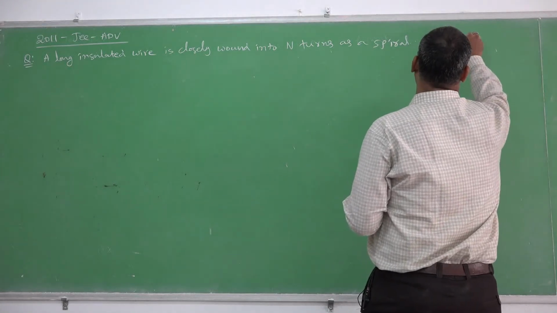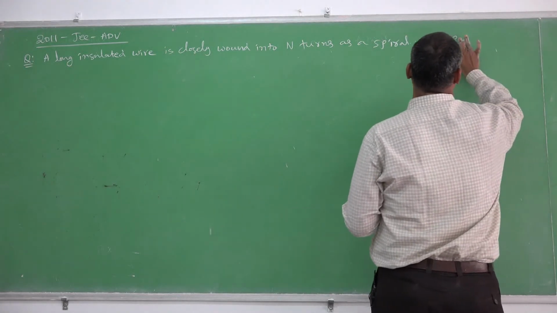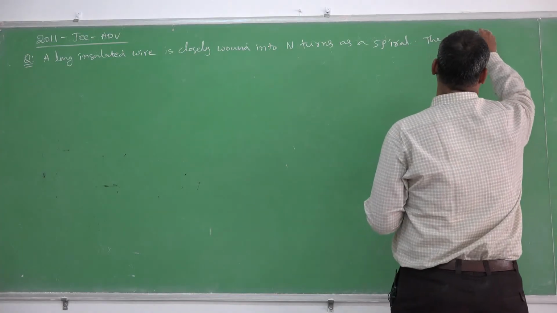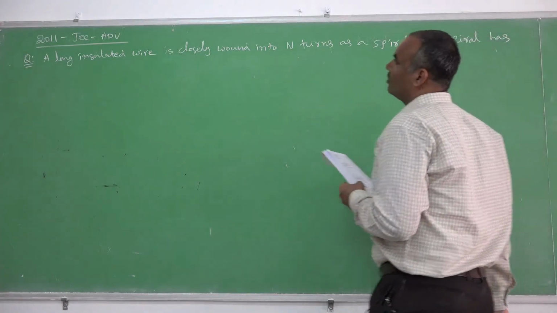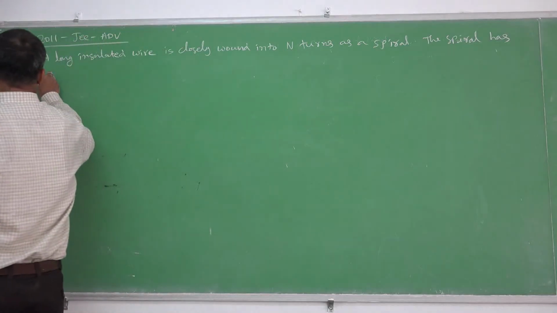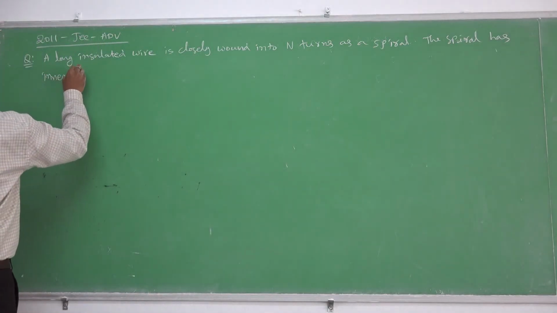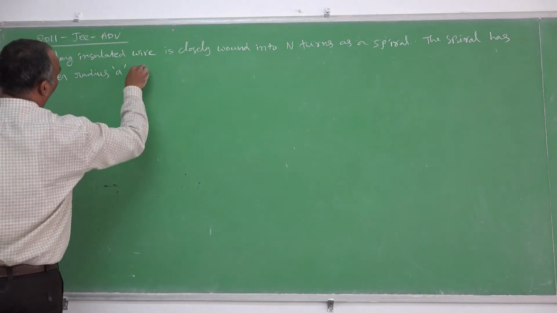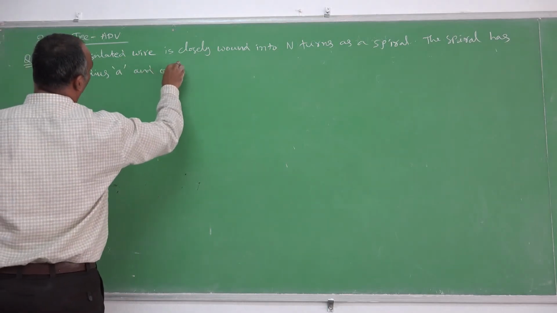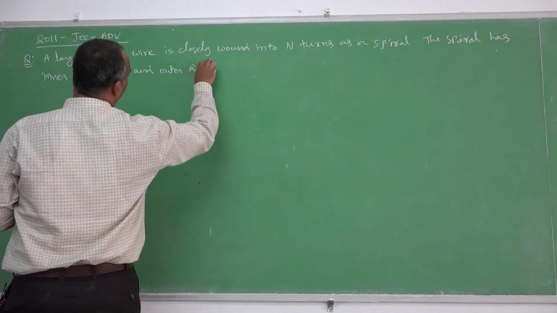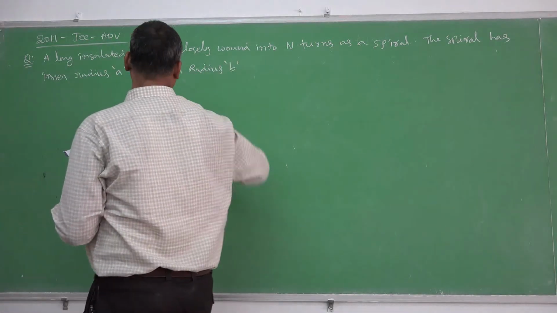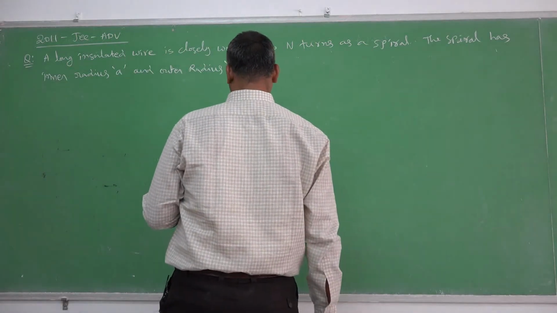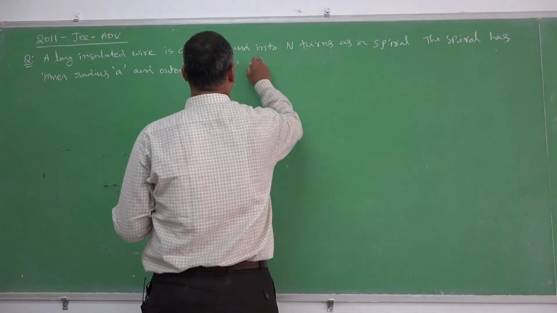The spiral has inner radius A and outer radius B in the xy plane.